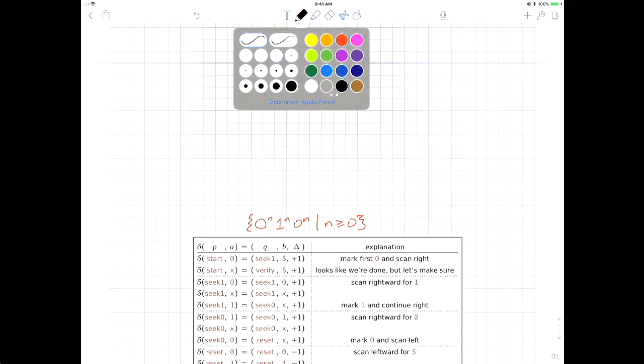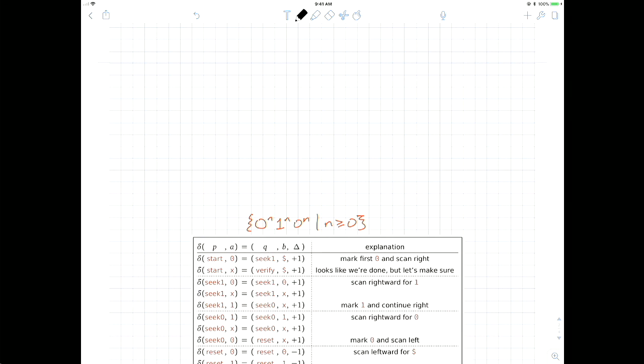Now, formally, the pieces of the Turing machine look like the following. So a Turing machine is a tuple that has a bunch of pieces. So gamma is what I'll call the tape alphabet.